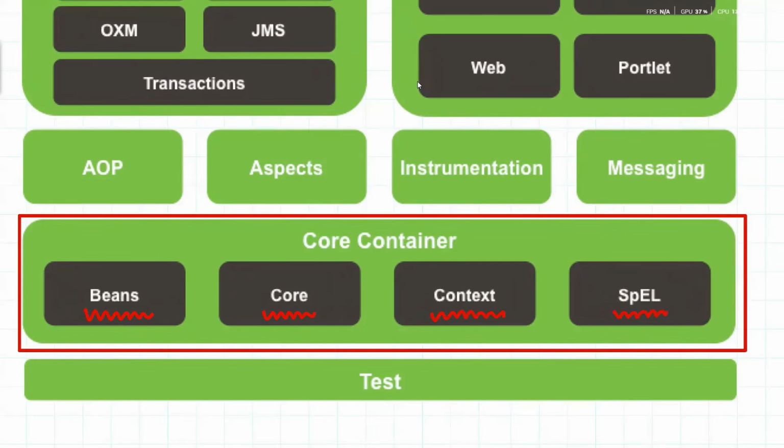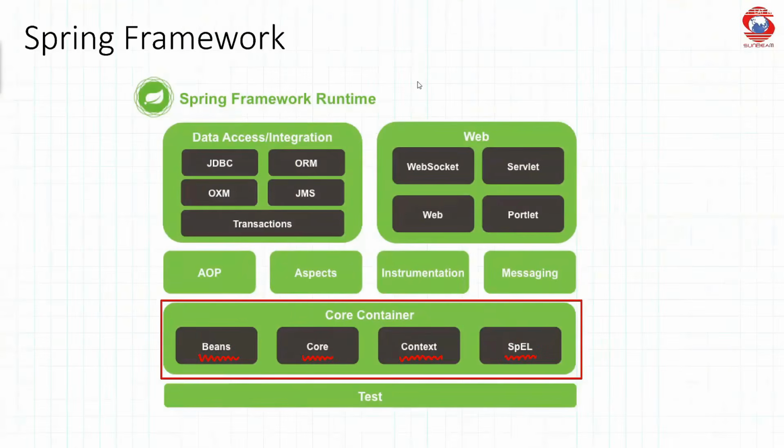These are the four most important things which provide you the most basic features. And this core container, people talk about as the Spring IOC container, inversion of control container, which is our next topic to talk about.